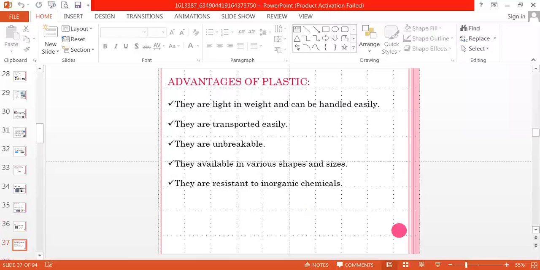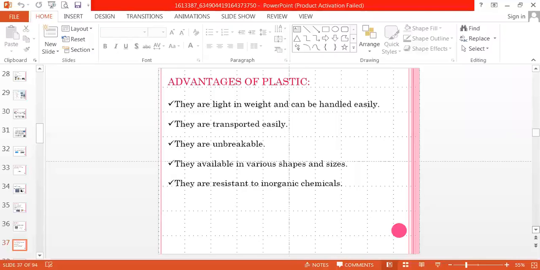Then advantages of plastics. Compared to glass, plastics have particular advantages. As compared to glass, they are light in weight and can be handled easily. But in case of glass, we have to handle it very carefully, otherwise breakage is possible.